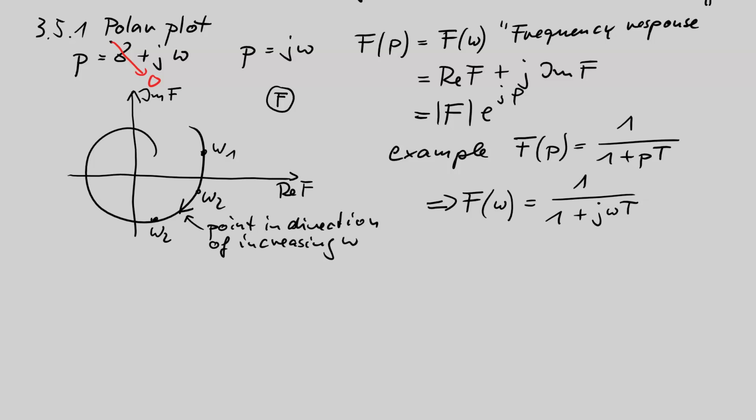We get the following curve. This is the imaginary axis of F, this is the real axis of F, and we indicate the plane with this F plane. If omega is 0, we get a 1.